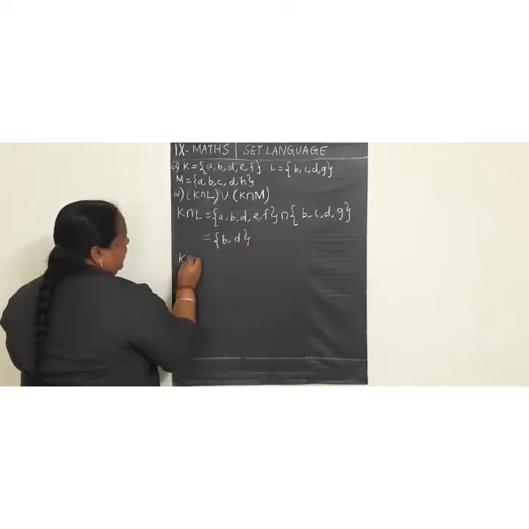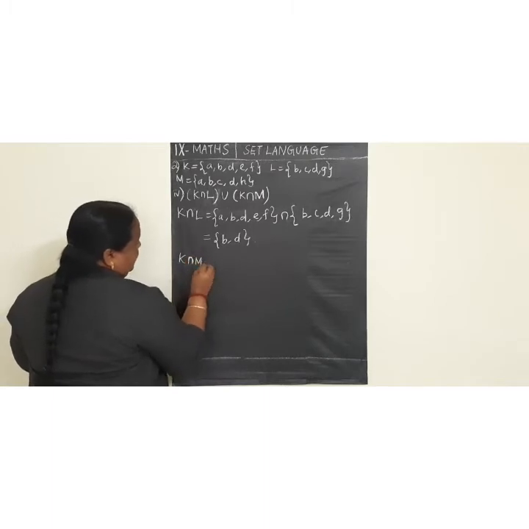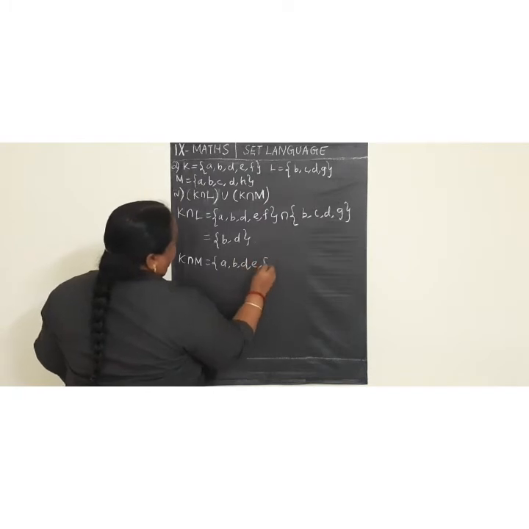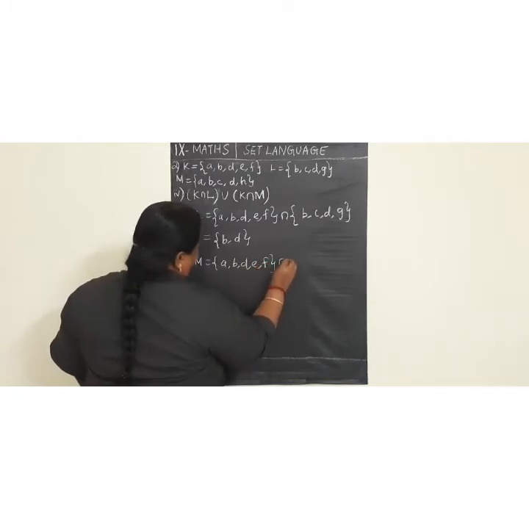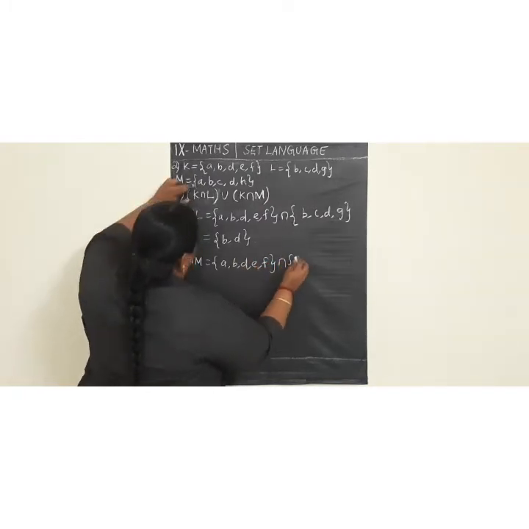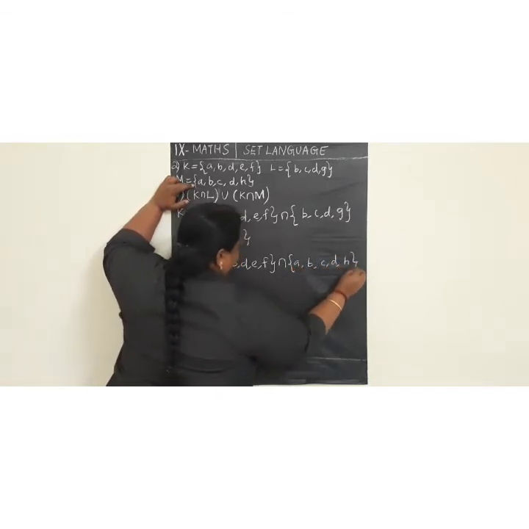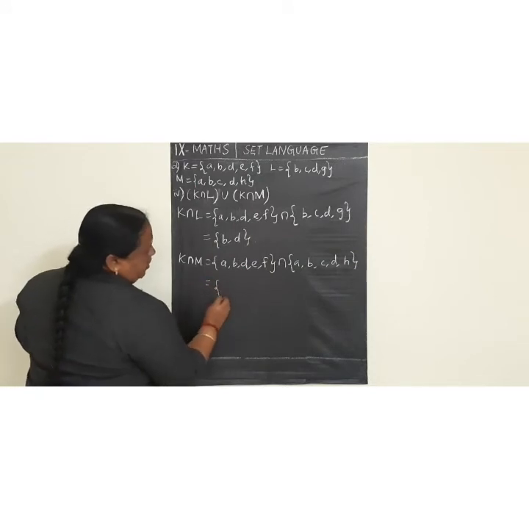Next, K intersection M is equal to {A, B, D, E, F} intersection {A, B, C, D, H}. So what are the common elements?